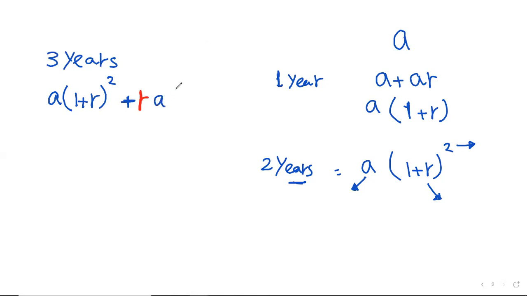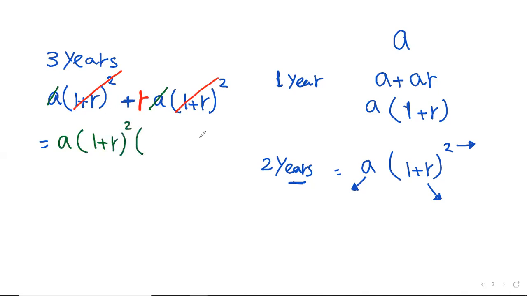It's A multiplied by 1 plus R to the power of 2. Then we can take 1 plus R to the power of 2 as a factor here, and we also have A repeated, so we can write A multiplied by 1 plus R squared.